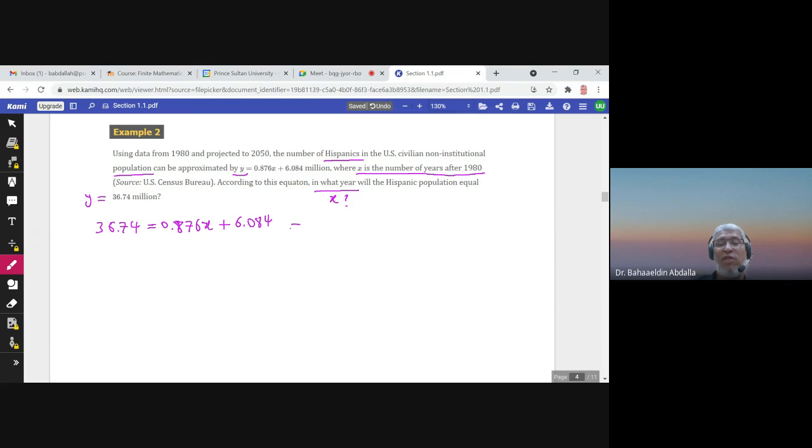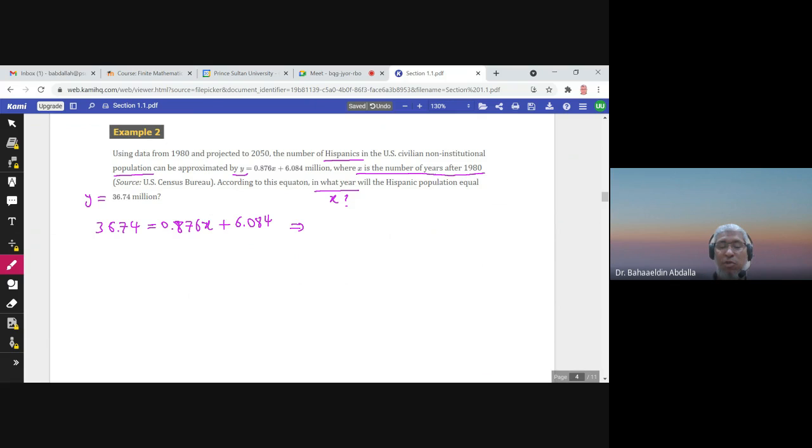To solve the equation for x, I will subtract 6.084 from both sides. So I will subtract 36.74 minus 6.084 from both sides.